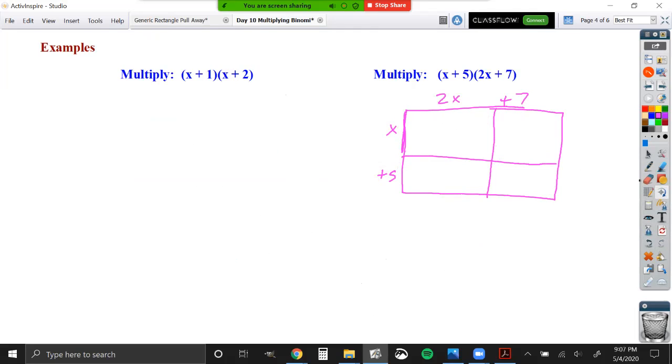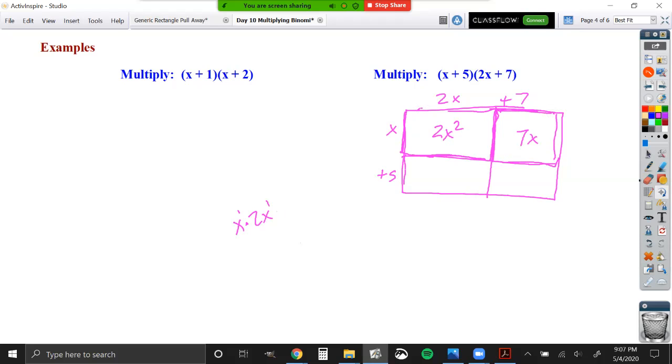So if I have a box that has a dimension that's x by 2x, you got to be thinking to yourself, what is x times 2x? X to the first times 2x to the first would be 2x squared. This dimension, x by 7, would be 7x.